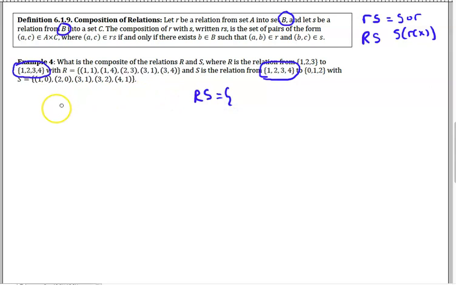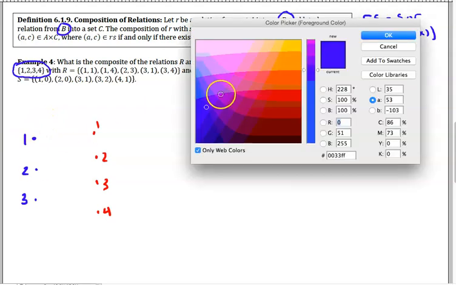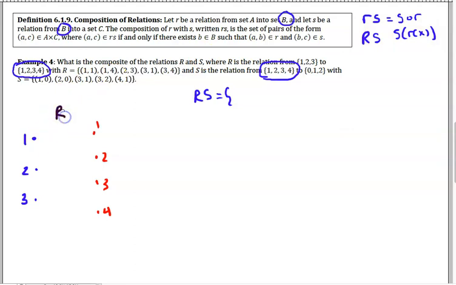All right, but I want to draw a little diagram here to help us visualize. So the input for R is 1, 2, 3, and the output for R is 1, 2, 3, 4. So let's look at the R relation right here.